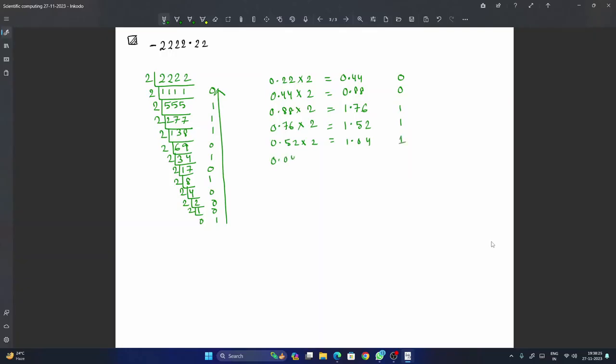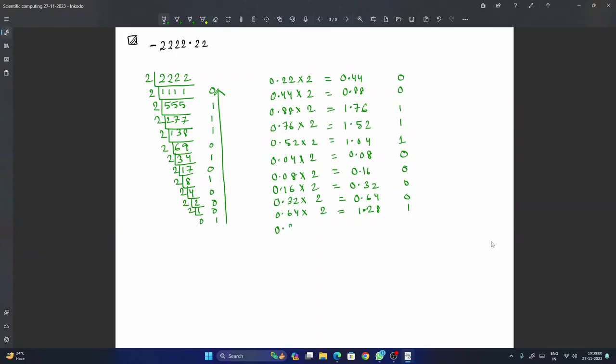Then 0.04 into 2, 0.08, 0. 0.08 into 2, 0.16, 0. 0.16 into 2, 0.32, 0. 0.32 into 2 is equal to 0.64, 0. 0.64 into 2, that means 1.28, and 1.